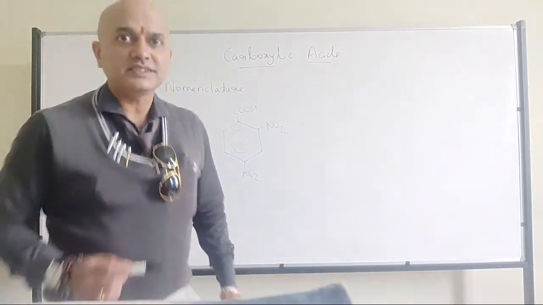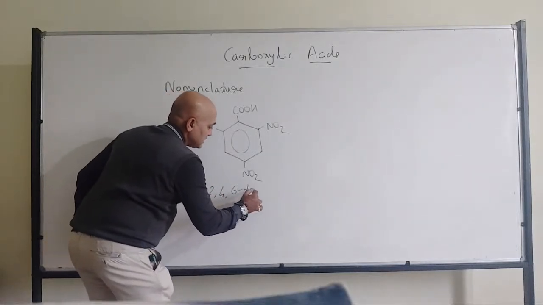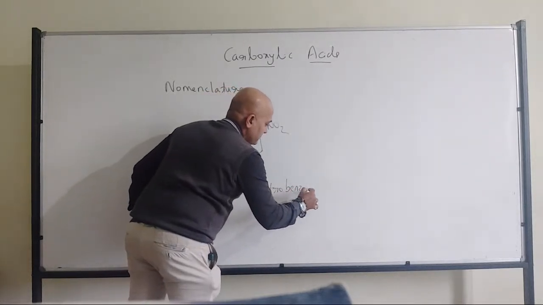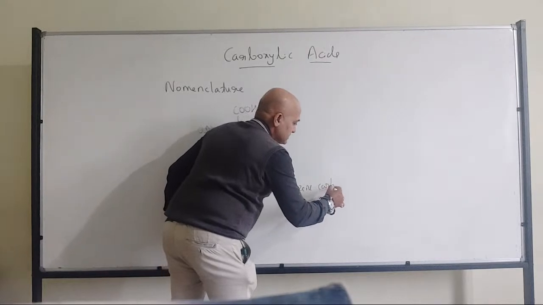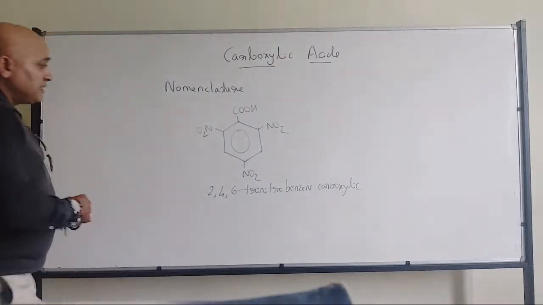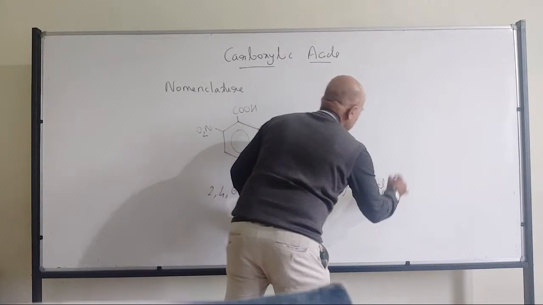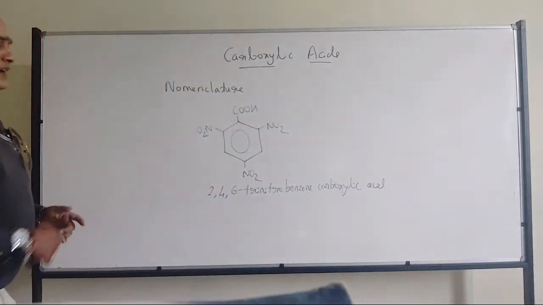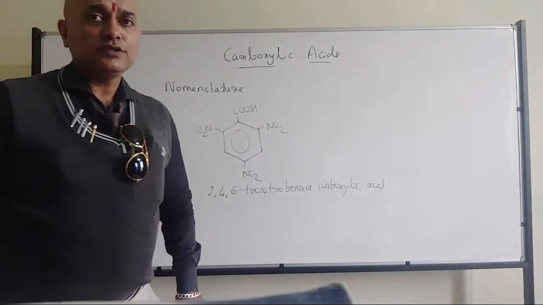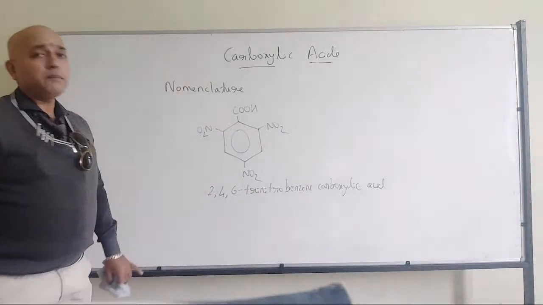She has written 2, 4, 6 trinitrobenzene carboxylic acid. We can call it benzoic acid, no doubt. But as I told, carboxylic acid will be more appropriate. Or if you write 2, 4, 6 trinitrobenzoic acid, you are going to get the marks. They are not going to deduct marks, but it will be more appropriate.